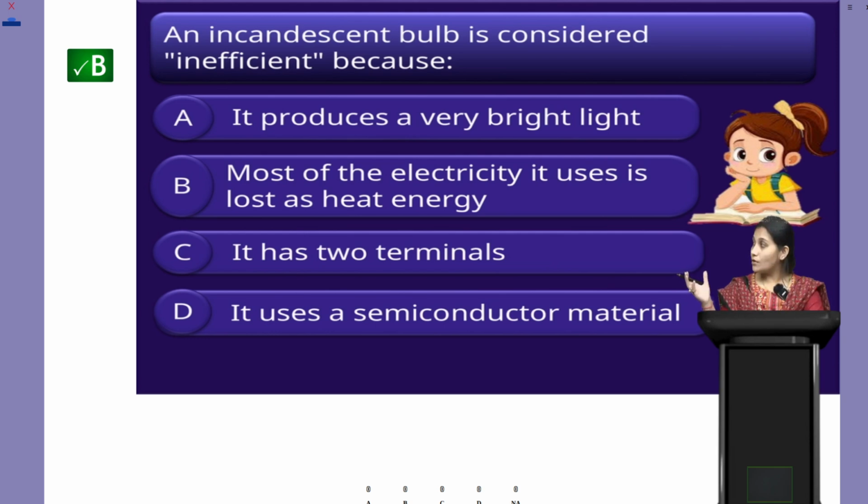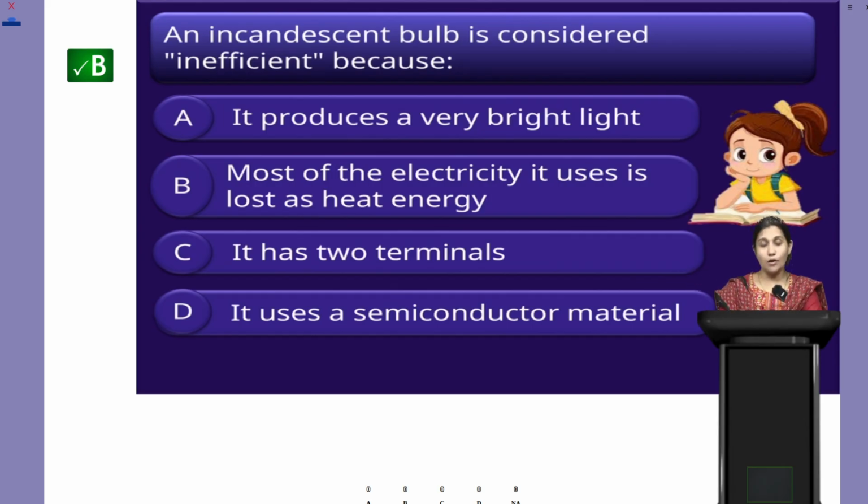Most of the electricity it uses is lost as heat energy. As much electricity as it uses to light up the bulb, more of it is lost as heat energy. That's why we consider the incandescent bulb as an inefficient bulb.